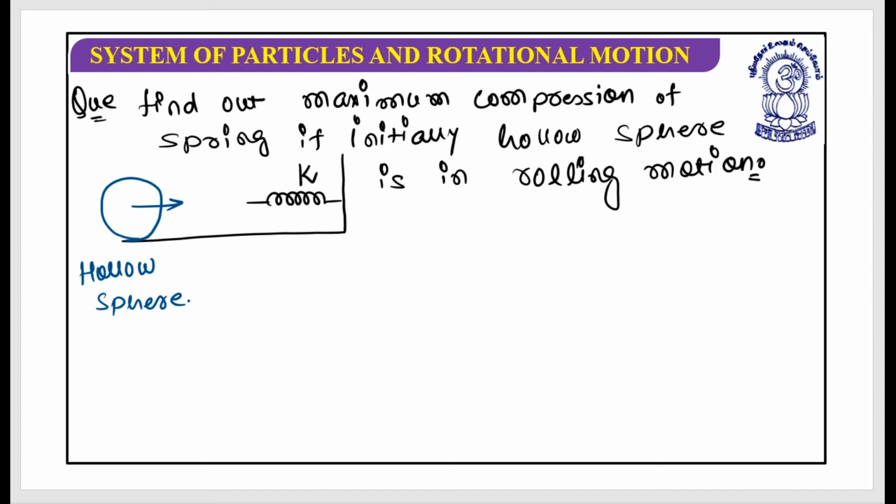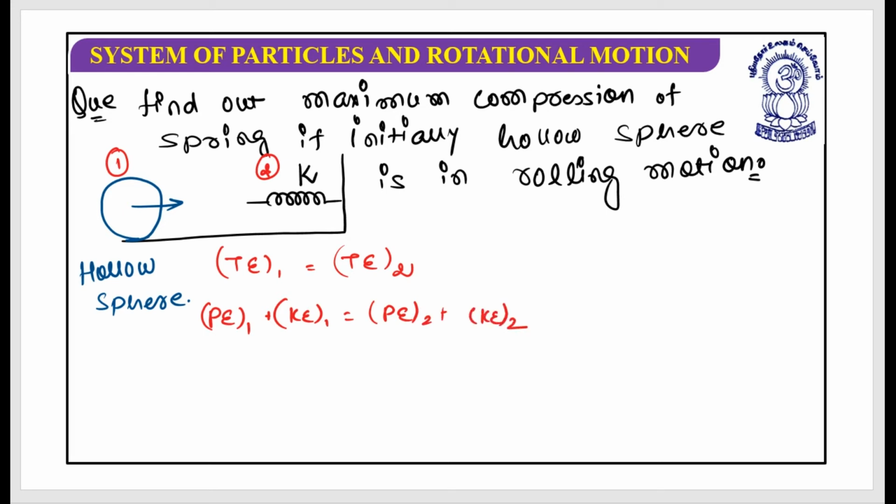So let's use energy conservation. This is location 1, this is location 2. Total energy at the first location equals total energy at the second. Total energy means potential energy 1 plus kinetic energy 1, which equals potential energy 2 plus kinetic energy 2.